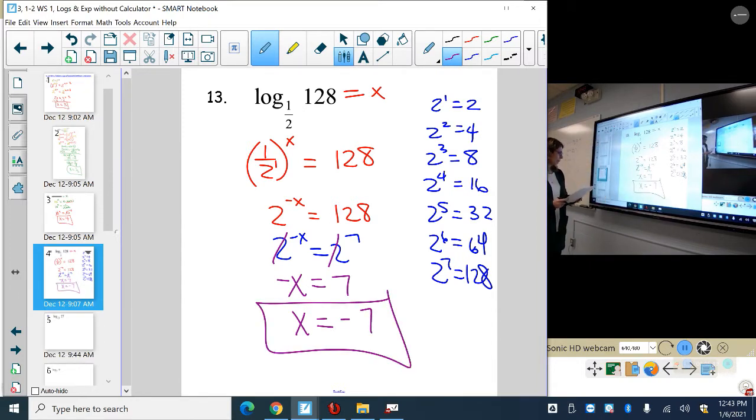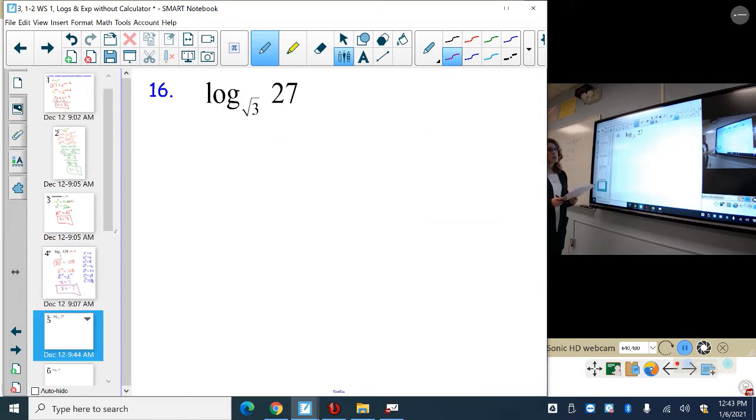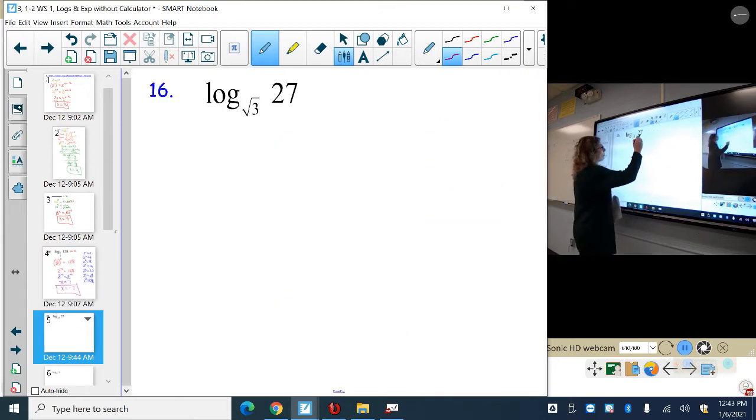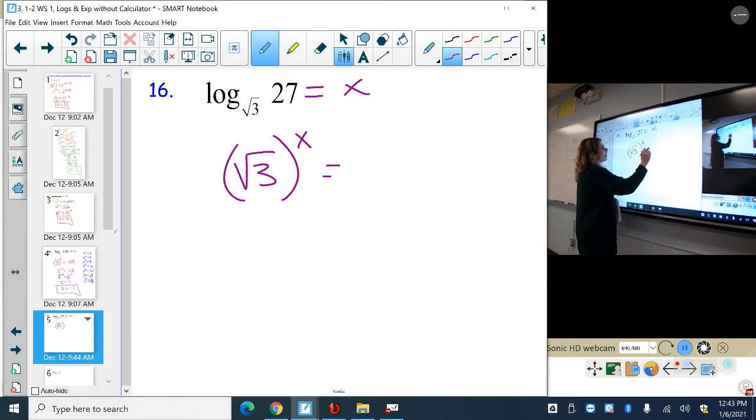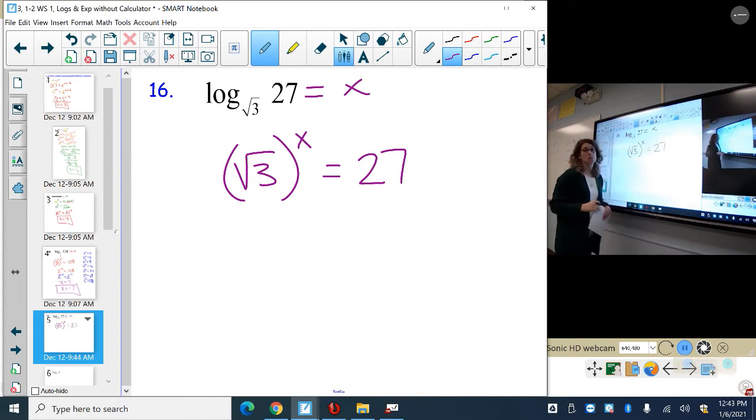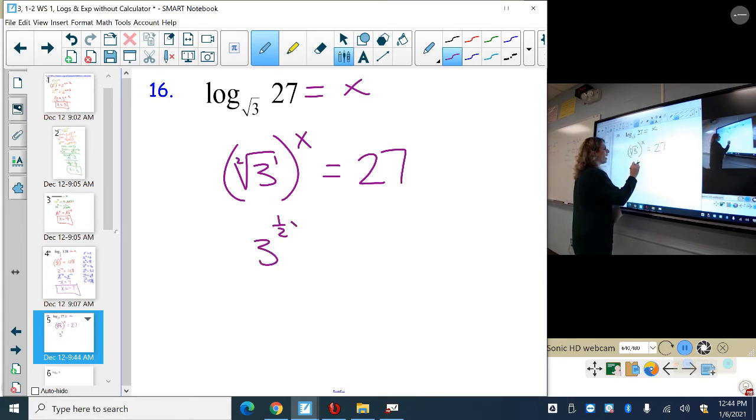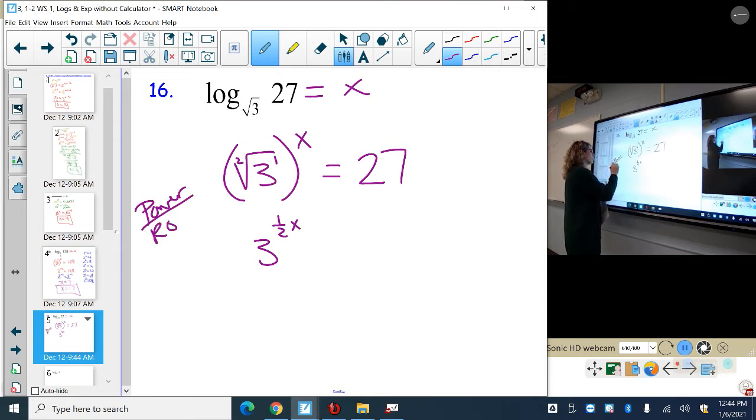Number 13, okay? Number 16, same thing, it's a log, set it equal to x. So now my base is the square root of 3, raised to the x power is equal to 27. What I do not like about this problem is the square root. My power is 1, my root is 2, so this is 3 to the 1/2 x, power over root, is equal to 27.